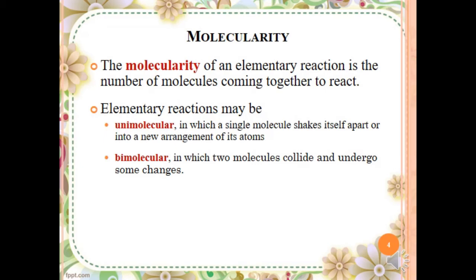Bimolecular means two molecules colliding with each other and undergoing some changes. So bimolecular can be from two of the same reactant, for example A and A to give product, or you can have A plus B give product. So that is bimolecular.